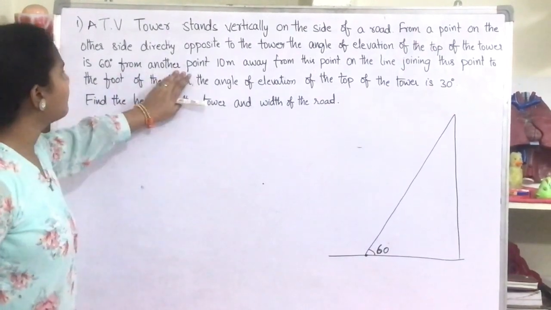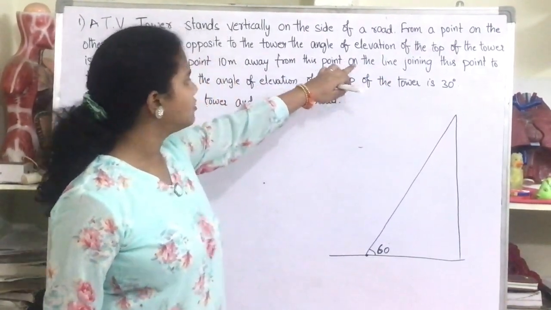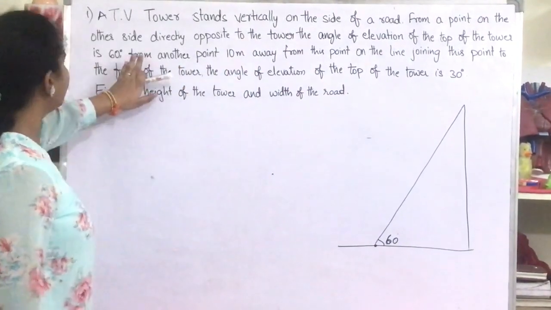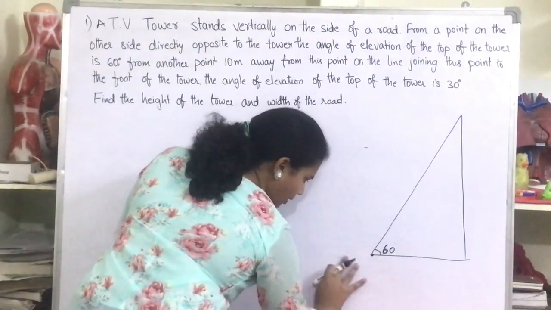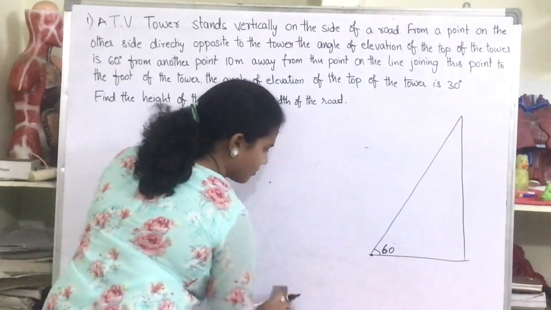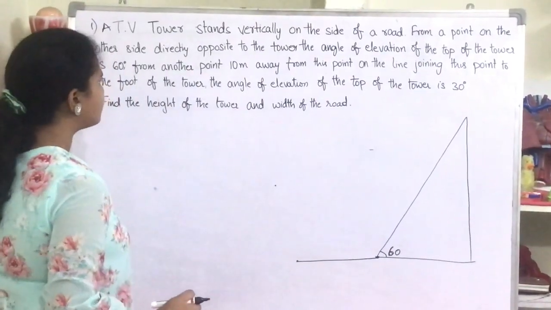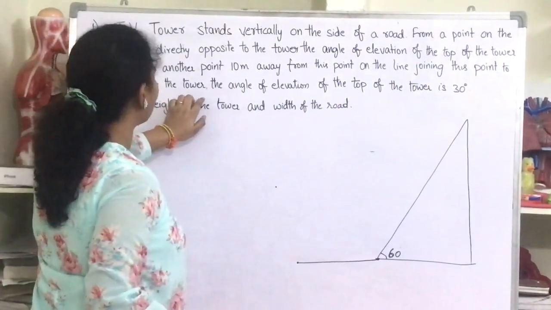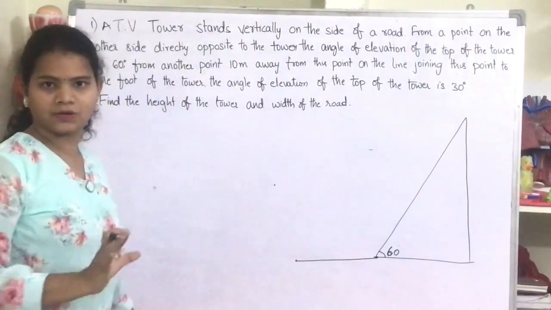And now from another point 10 meters away from this point, on the line joining this point to the foot of the tower, the angle of elevation of the top of the tower is 30 degrees. So firstly here you have from another point 10 meters away from this point. So from this point, here you have 10 meters away, where the line joining this point to the foot of the tower, the angle of elevation of the top of the tower is 30 degrees.